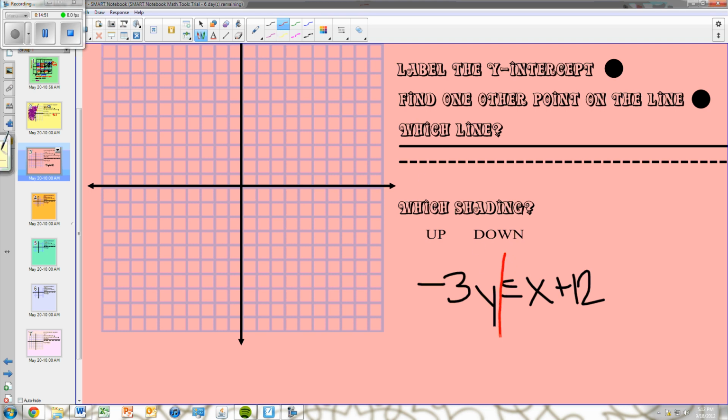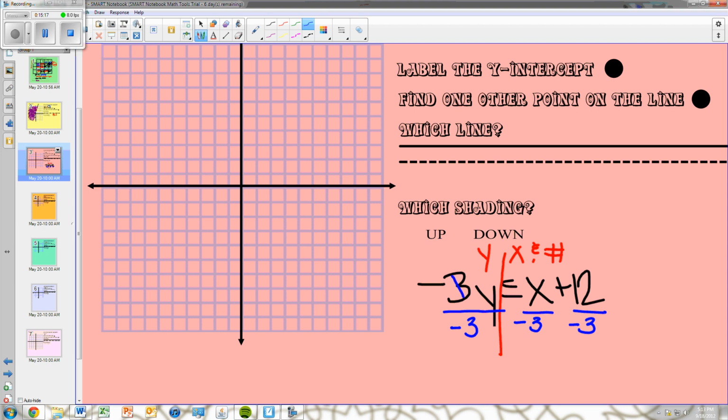So I'm going to draw my line, label my sides as y, and then my x's and numbers. And you can tell that this -3 is what's out of place. And if I want to get rid of something that's attached to y, then I need to divide. So I'm going to divide everything by -3. Dividing by -3, dividing by -3, and dividing by -3.